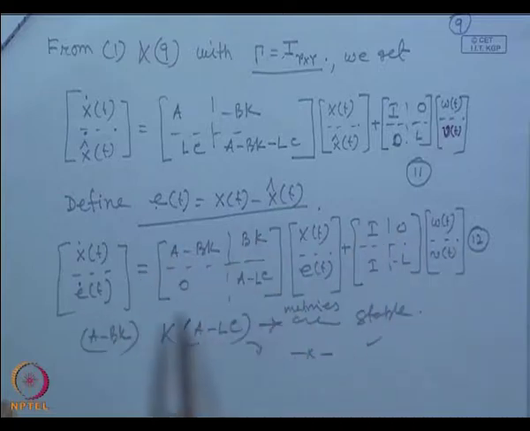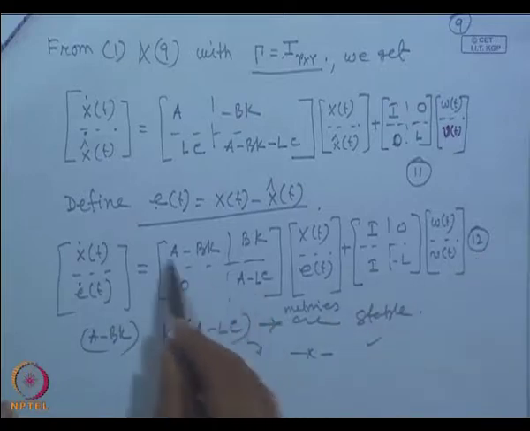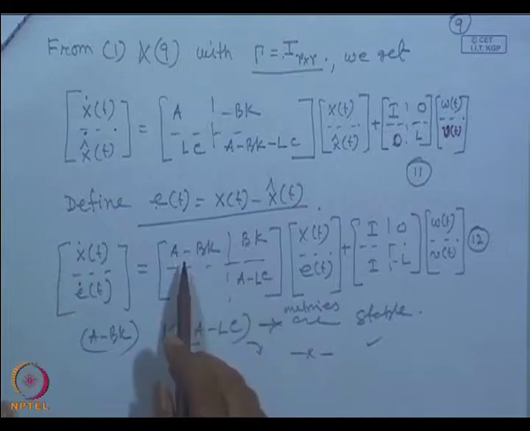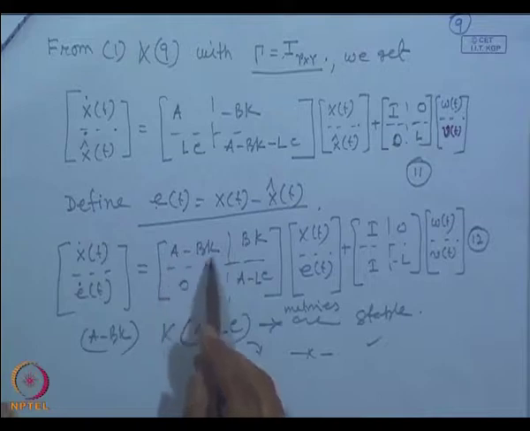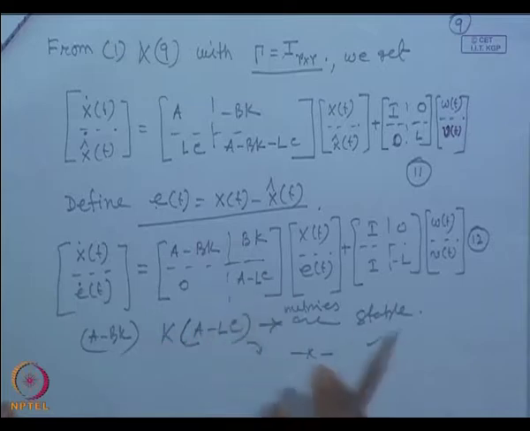If you look at equation number 12, this matrix is a diagonal matrix, and we can control the closed loop system eigenvalues and the observer, or Kalman filter, eigenvalues separately.